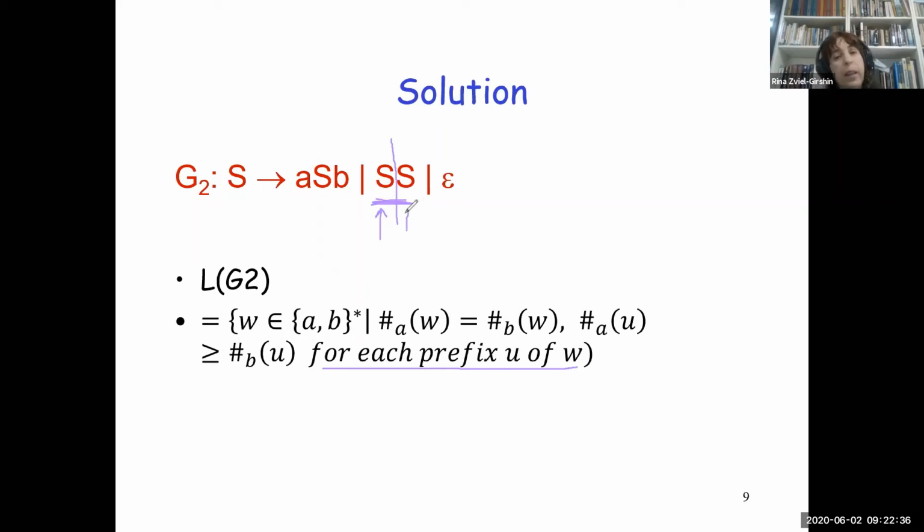Then if I use additional letters of the second S, I will definitely add some A's in prefix. And once again, the number of A's in prefix can be greater or equal to the number of B's in prefix.